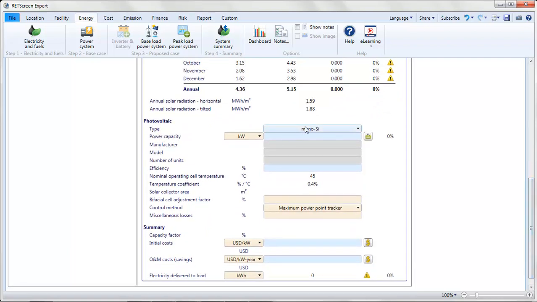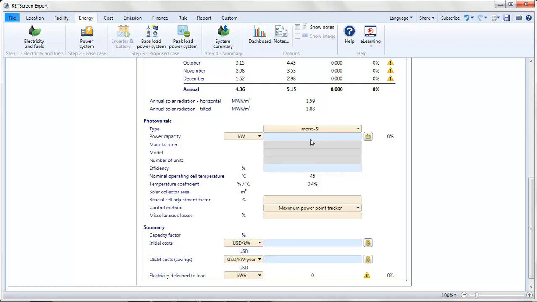So we'll do that next. The photovoltaic array type refers to the technology we're using, and we have a range of choices there. That mainly is used by RETScreen to estimate how high or low temperatures affect the module performance. I'm going to leave it on monocrystalline silicon here. For the power capacity, I'm going to leave that blank for now because I don't know what it is.